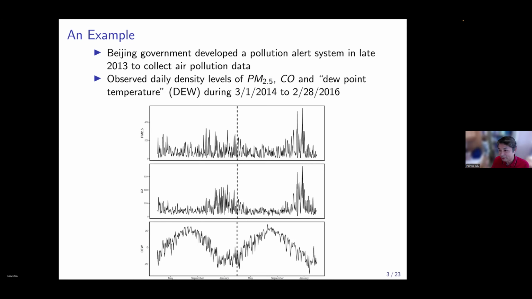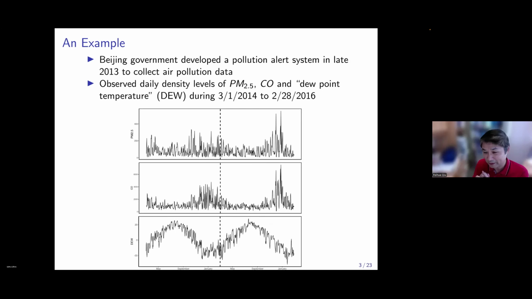But meteorologists find that variable is closely related to air pollution. So here we consider a three-dimensional vector, and we have data every day. This figure displays the data in 2 years, separated by this vertical dashed line.